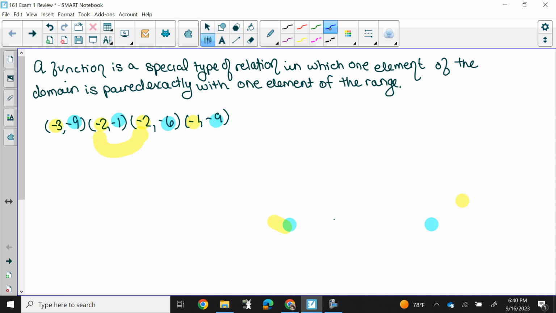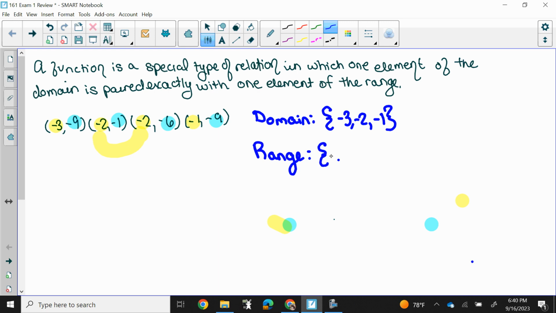If they don't repeat, then it is a function. And my domain would be listed like this: -3, -2, -1. And my range, notice how I don't list the repeating y values. I have -9, -1, and -6.